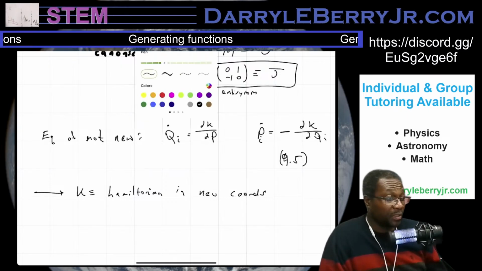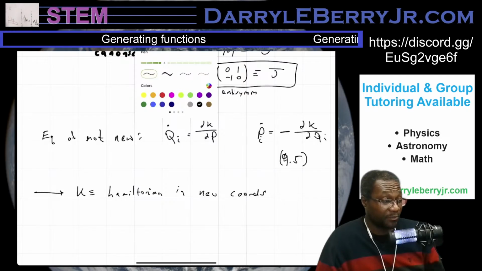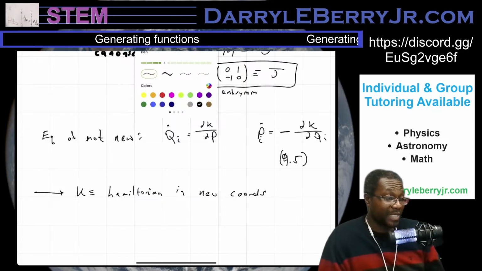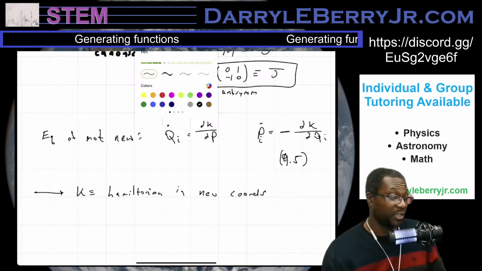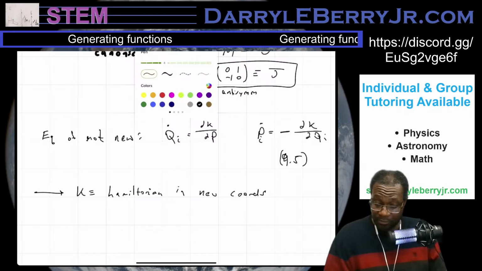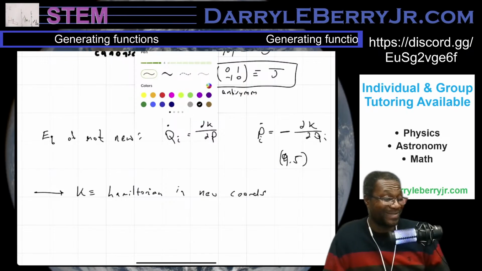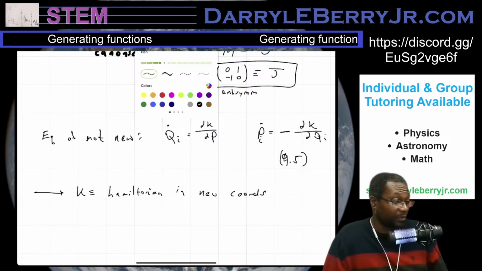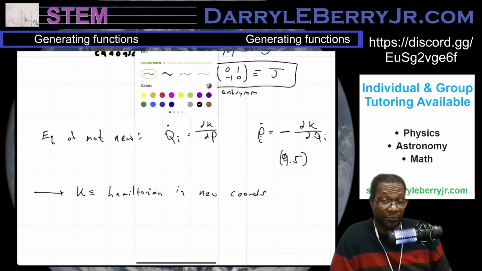Let's just say Q, P must be canonical coordinates, not only for some specific mechanical system, but for all systems of the same number of degrees of freedom. Equations 9.5 must be the form of the equations of motion in the new coordinates and momenta, no matter what the particular initial form of H. We may indeed be incited to develop a particular transformation from small q, p to big Q, P to handle, say, a plane harmonic oscillator.